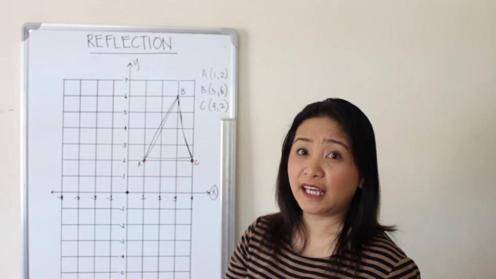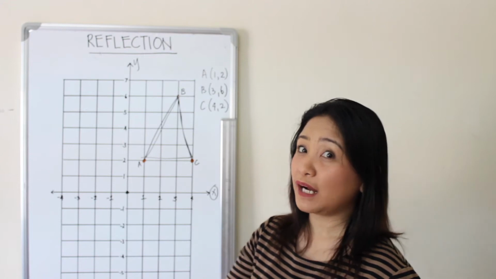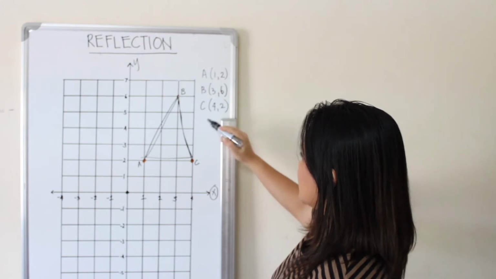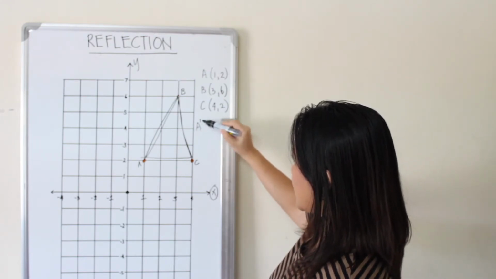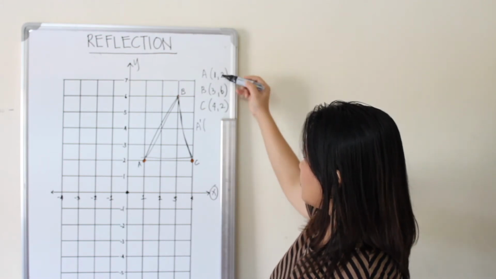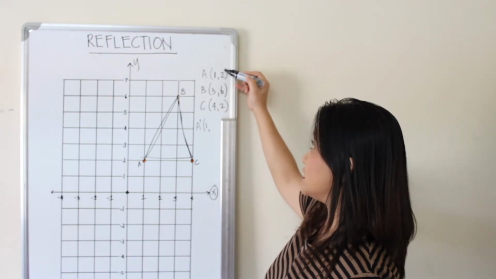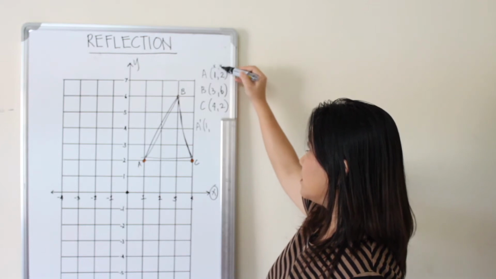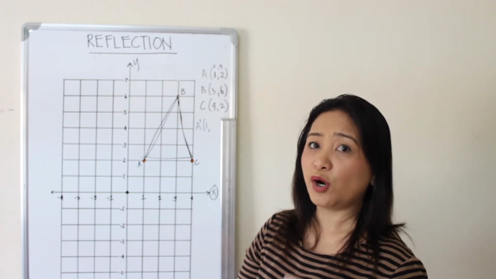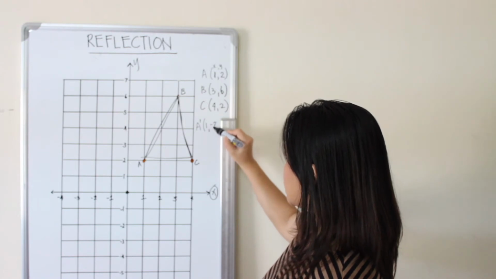Once you reflect it on the X axis, the X point stays the same, but the Y takes the opposite. What does it mean? For instance, this point A, I'll label it here A dash, that's the image location of A. So I'll take X, 1 stays the same, and the 2 takes the opposite because this is the Y. The opposite of 2 is negative 2.